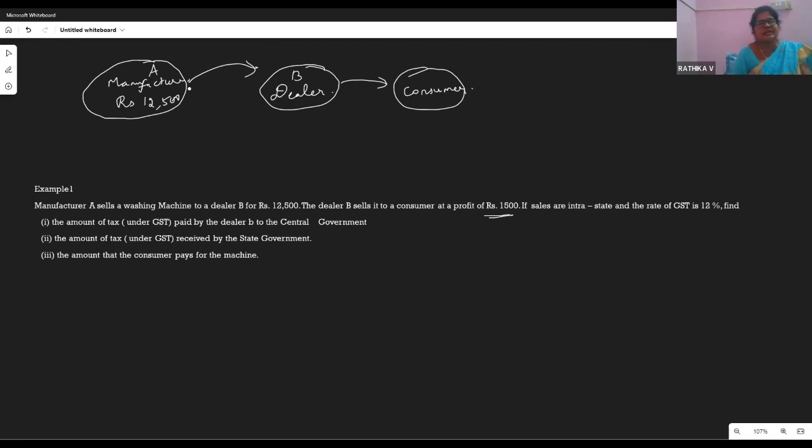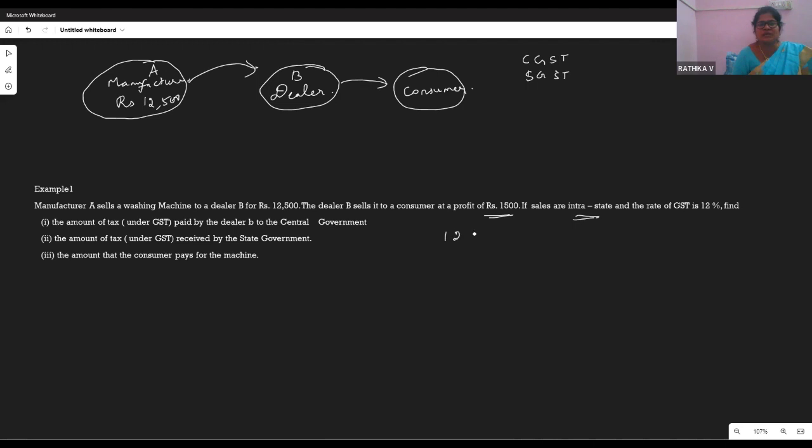So now the dealer, when he is purchasing it, since it is intrastate, he will be giving to the central government as well as to the state government. So he will be paying SGST as well as CGST. How much will he be paying totally? It is given as 12%.